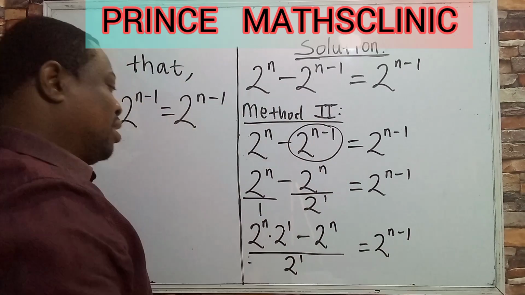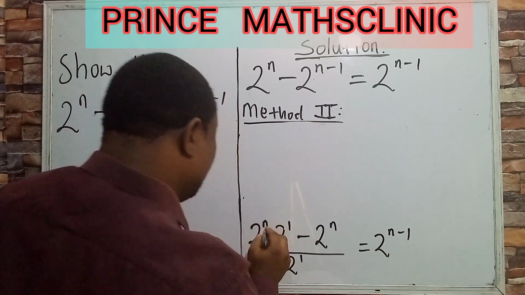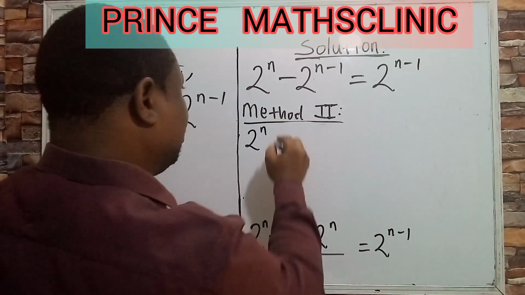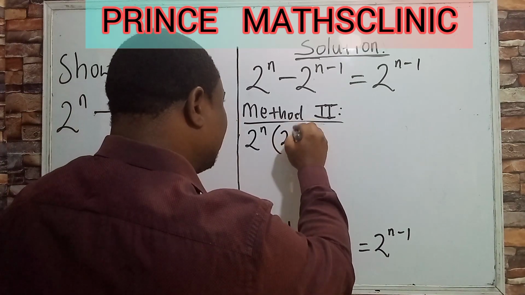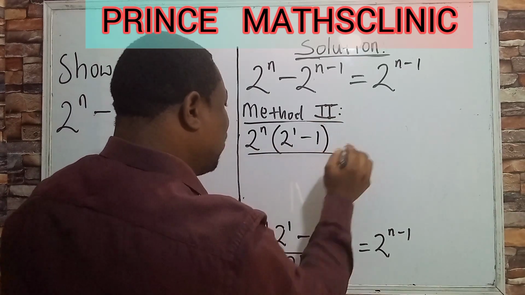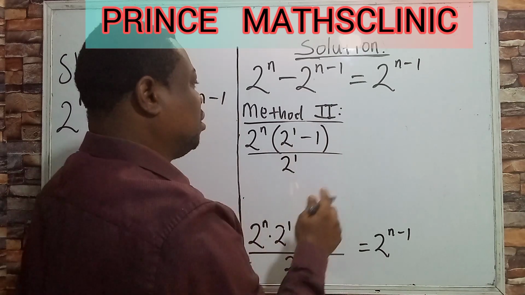Now, since I have 2 to the power of n in common, I'm going to bring 2 to the power of n out, open bracket, then I'm left with 2 to the power of 1 here, minus 1, over 2 to the power of 1.